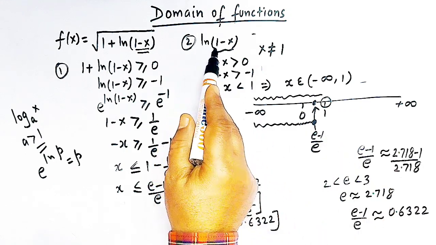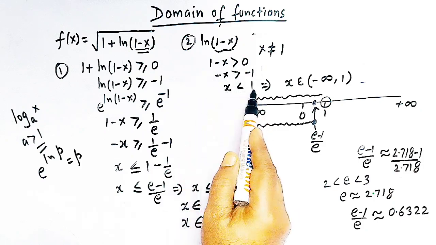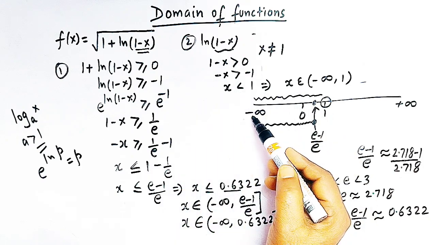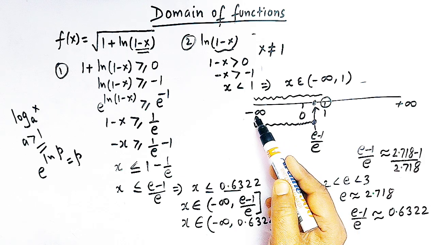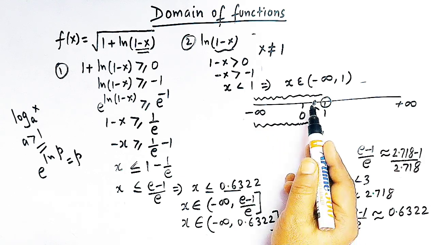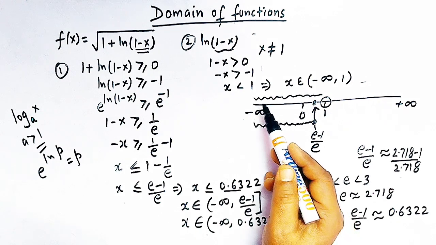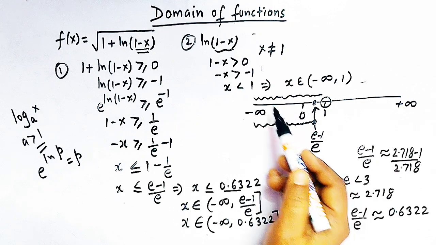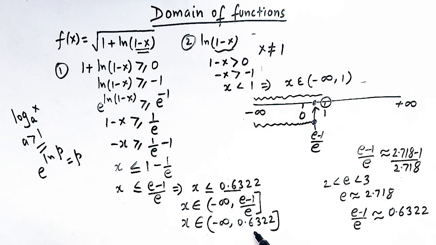So here we have the solution of two inequalities, that is here x less than 1 is given by minus infinity to 1, and x less than or equal to e minus 1 over e is given by minus infinity to 0.6322. So now let us find out the common region, right? So now we have to identify the common region between these two intervals, that is from minus infinity to 1 and minus infinity to 0.6322.